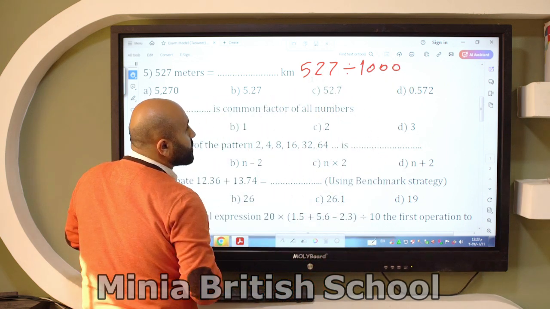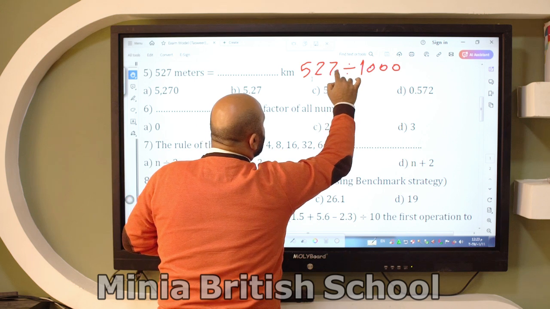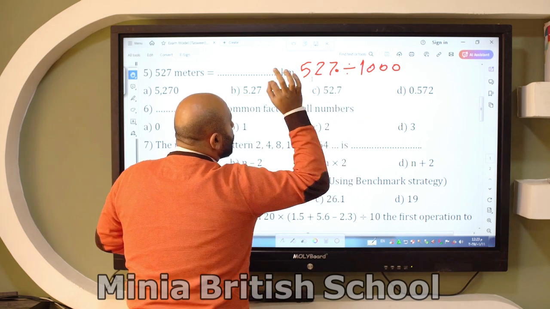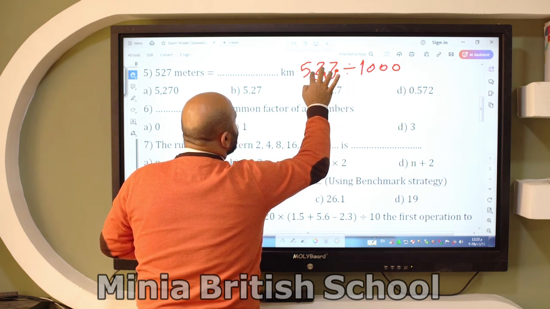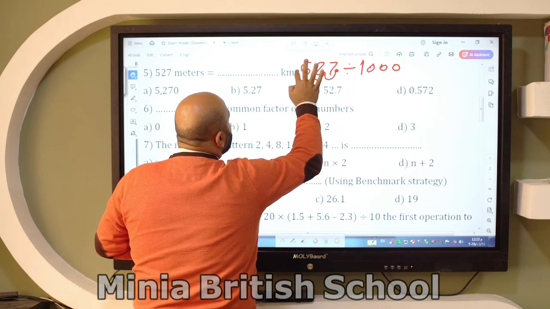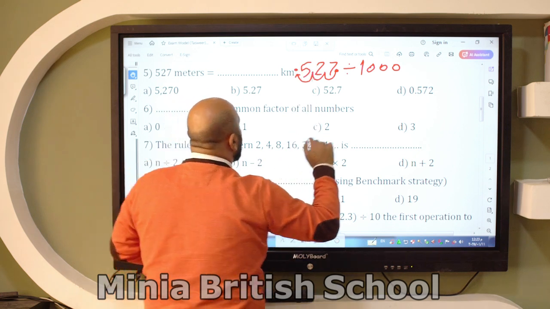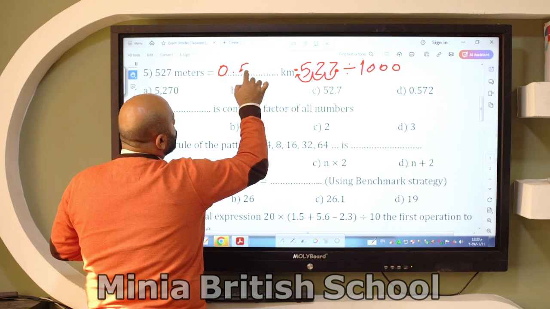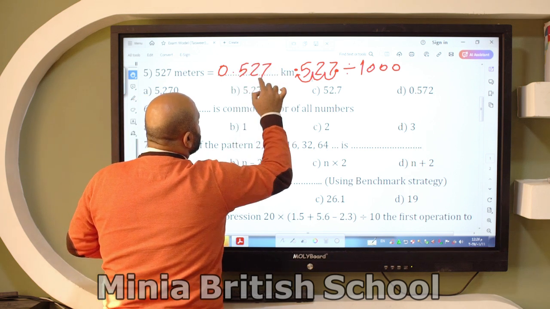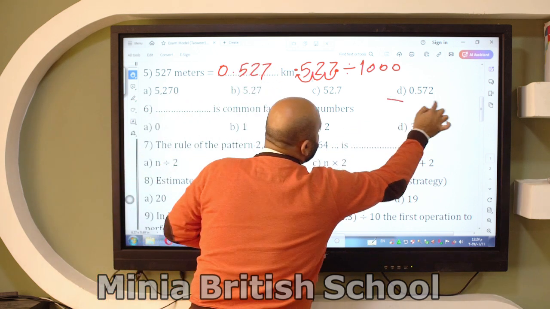This is a whole number, so the decimal point will be at your right hand side, and I will move it 3 steps to the left. Let's move it together: 1, 2, 3. So the point will be right there. The final result will be 0.527 kilometers.